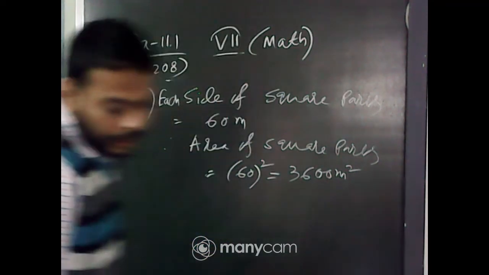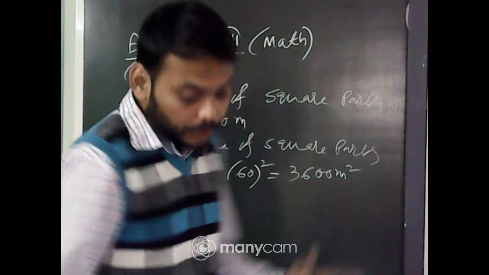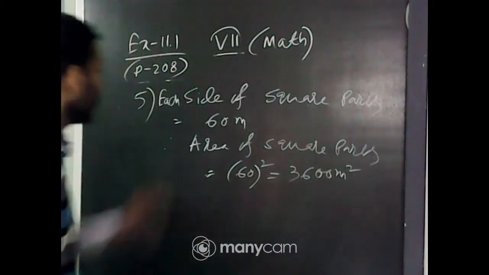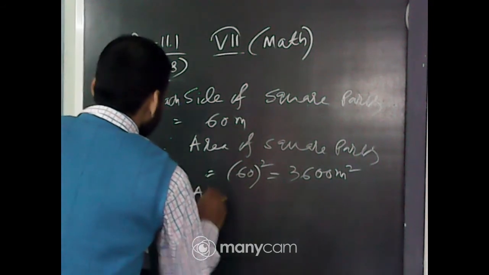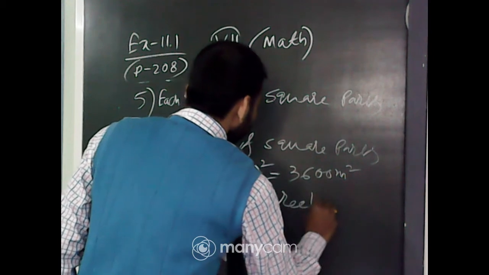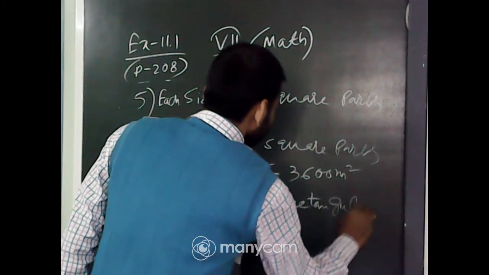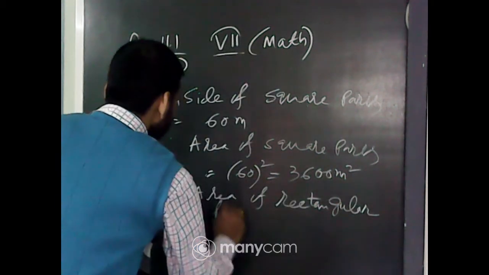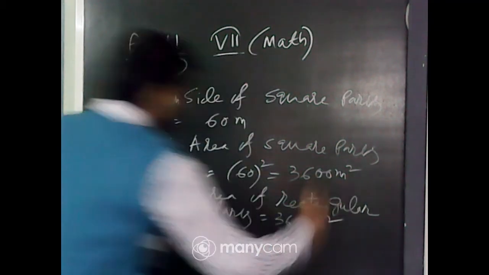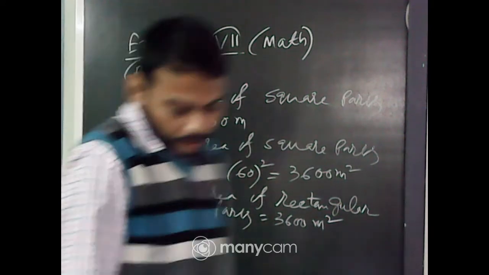So now it is given here the area of the square park is the same as the rectangular park. That means we can conclude here area of rectangular park, that is also 3600 meter square. Okay.